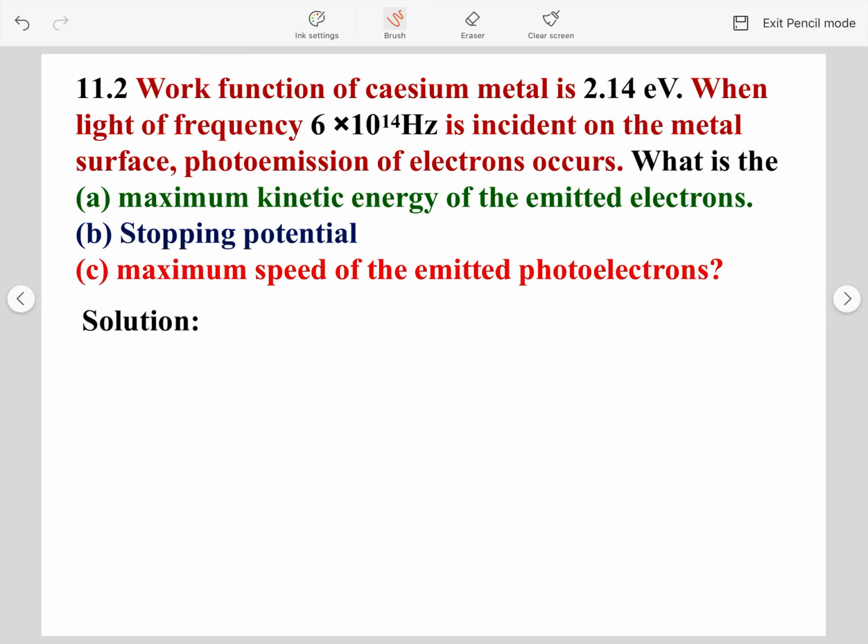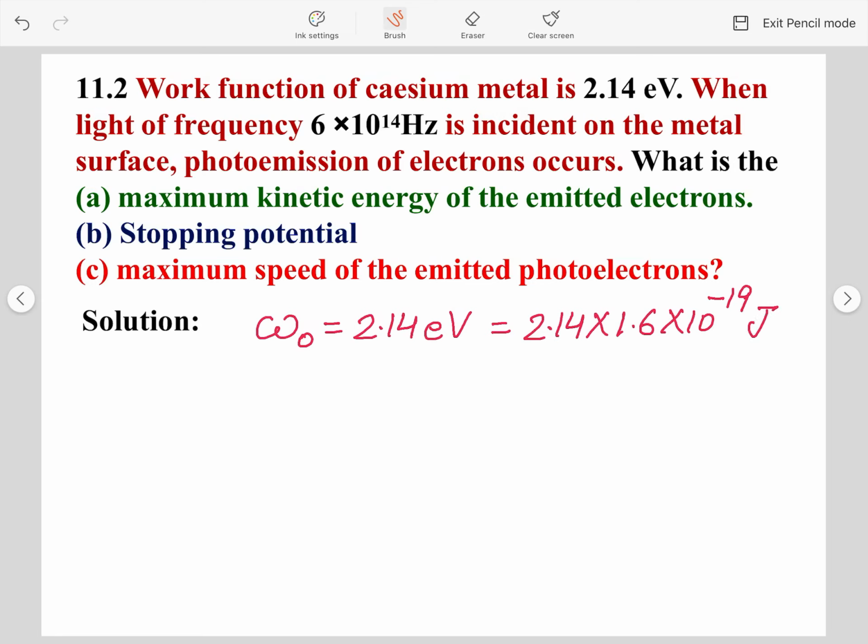Next question. Work function of cesium metal, work function omega naught, that is given as 2.14 electron volt. Okay, convert this into joule. You can write 2.14 into 1.6 into 10 raised to power minus 19.